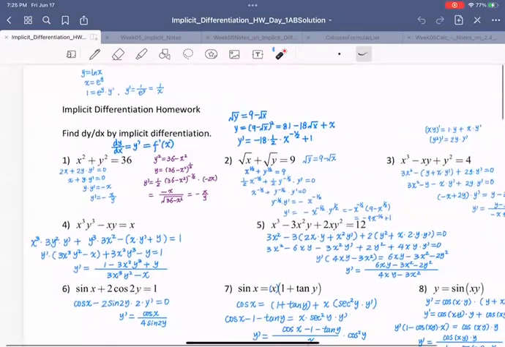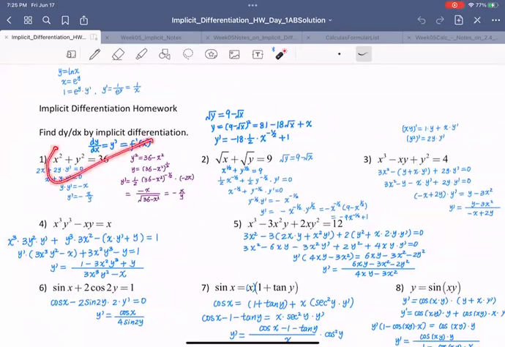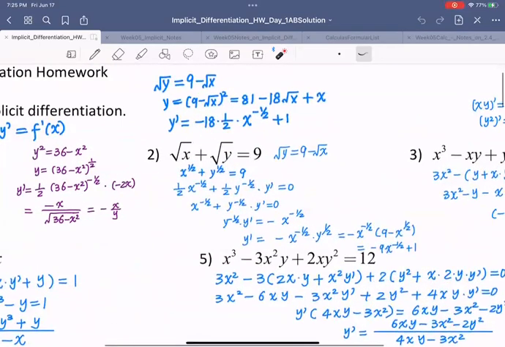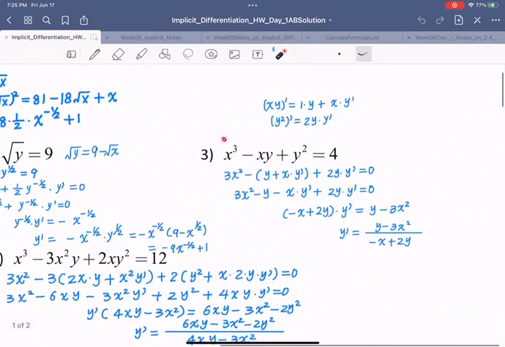But sometimes this is possible. This is possible to convert into a function of x. This too is possible if you use a traditional way. It is still possible. But look at this. How are you able to solve your y?